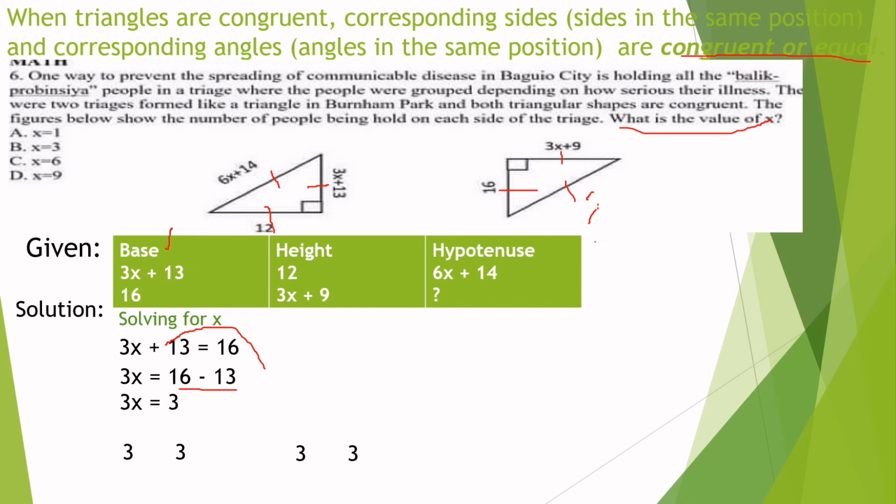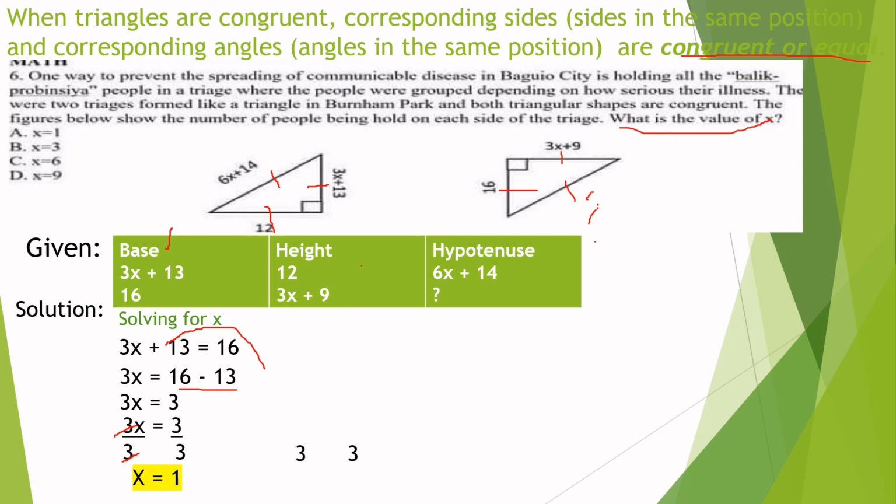So we have now 3x is equal to 3. And of course, to isolate x, we need to divide both sides by 3. So 3x divided by 3 is equal to 3 divided by 3. Cancel 3, cancel 3. So x now is equal to 3 divided by 3, which is 1.